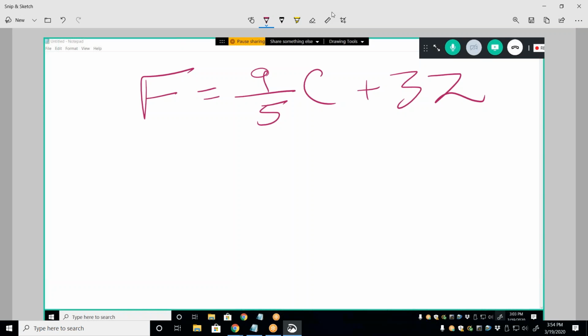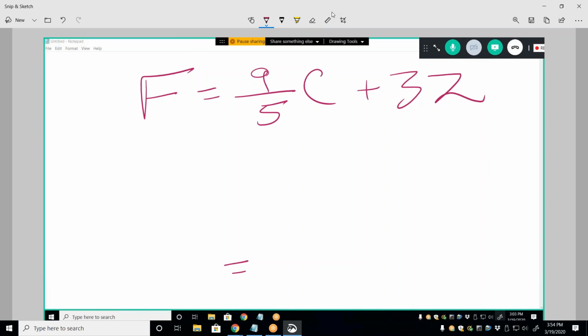Okay, so in other words, if I'm going to give you a Fahrenheit temperature and you need to figure out what the Celsius would be, it'd be better if I could solve this equation so that I have C on the left all by itself. I don't care if it's on the left. It could be on the right, so I won't put it anywhere yet.